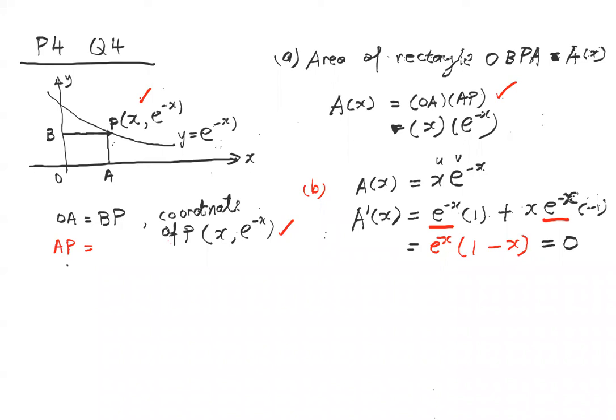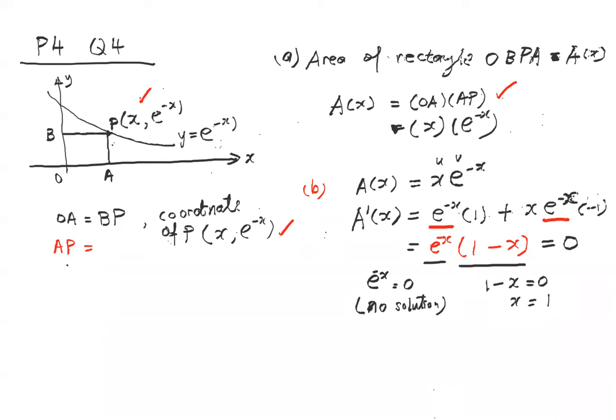So there are 2 components here. e to the power negative x equal to 0. So down here, I write down no solution, correct? Or impossible. And here I write 1 minus x equal to 0, x equal to 1.